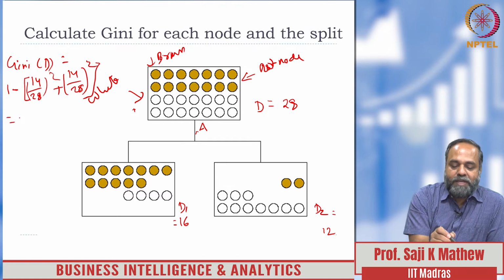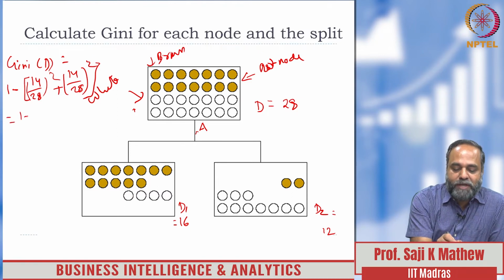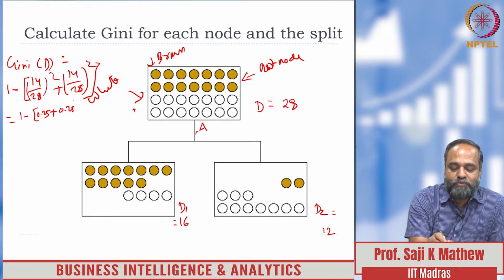Therefore it is a case of 1 minus 0.5 squared which is 0.25, plus 0.5 squared which is again 0.25, or in other words this is 1 minus 0.5, which is equal to 0.5.